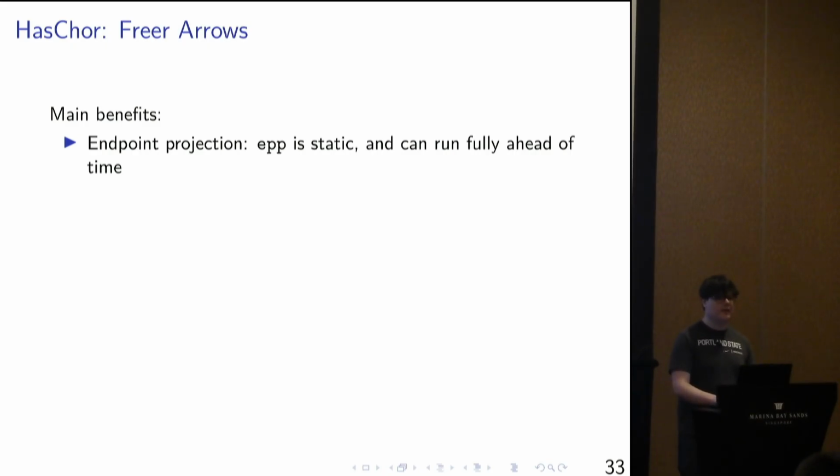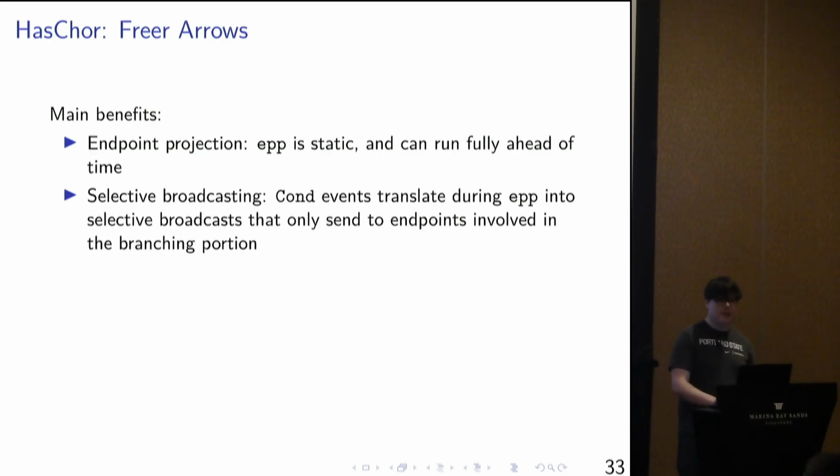But we don't have that effect where we're alternating projecting the choreography and running it on one of the endpoints. We could imagine two stages, even if they're both happening at runtime. We also get selective broadcasting, like I just talked about. The cond events can be translated during endpoint projection to only broadcast to the parties that need it.